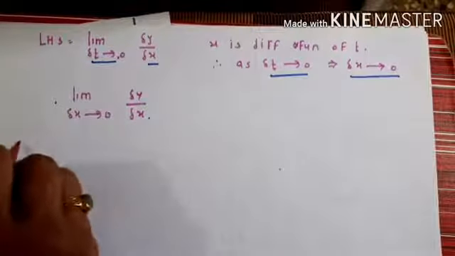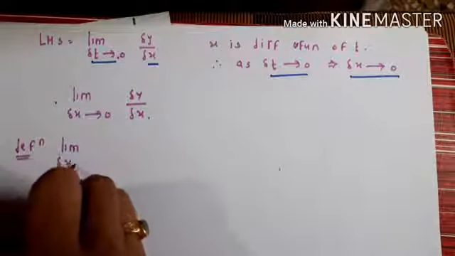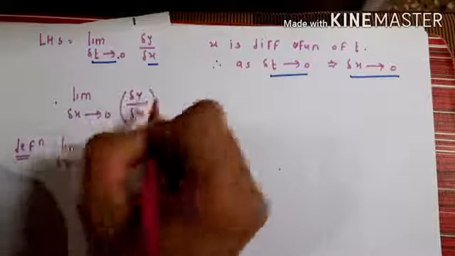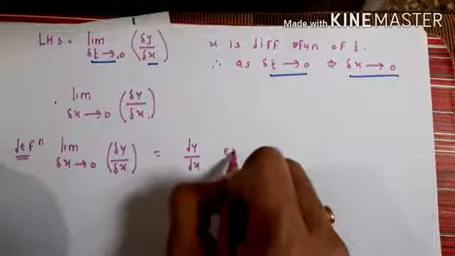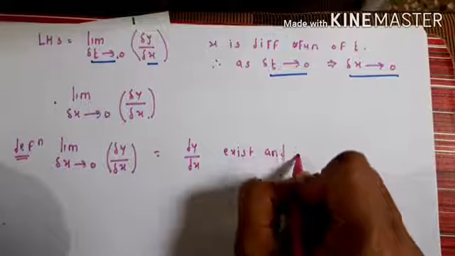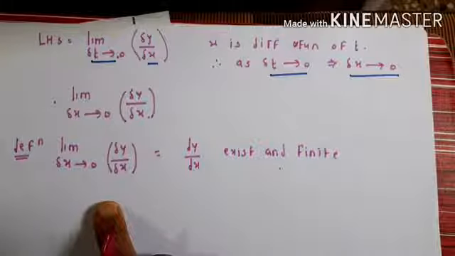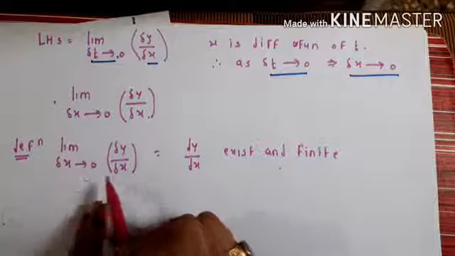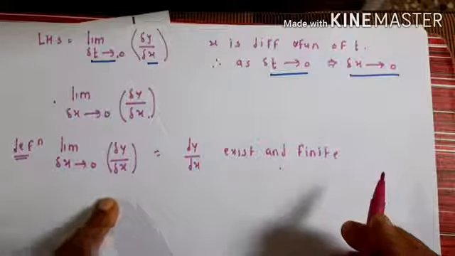According to the definition, we know that limit delta x tends to 0, delta y upon delta x is equal to dy by dx, which exists and is finite, because x and y are differentiable functions of t.